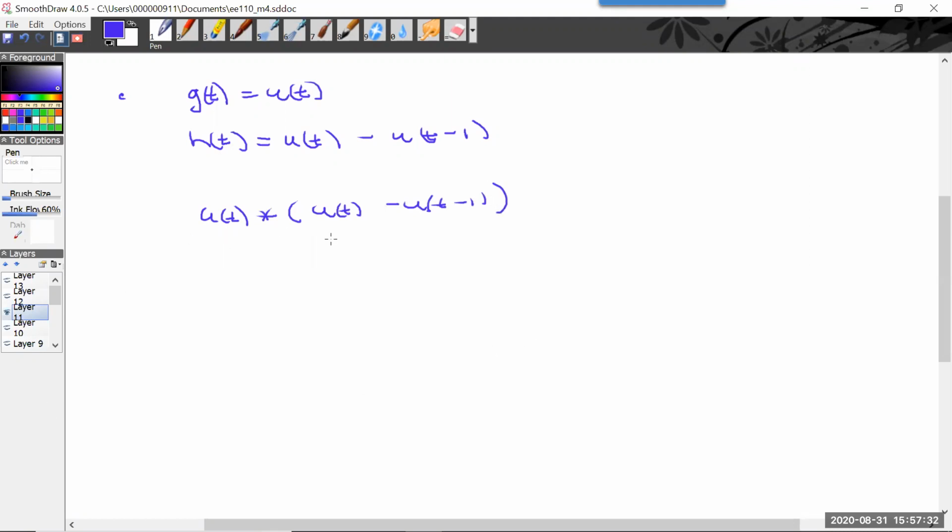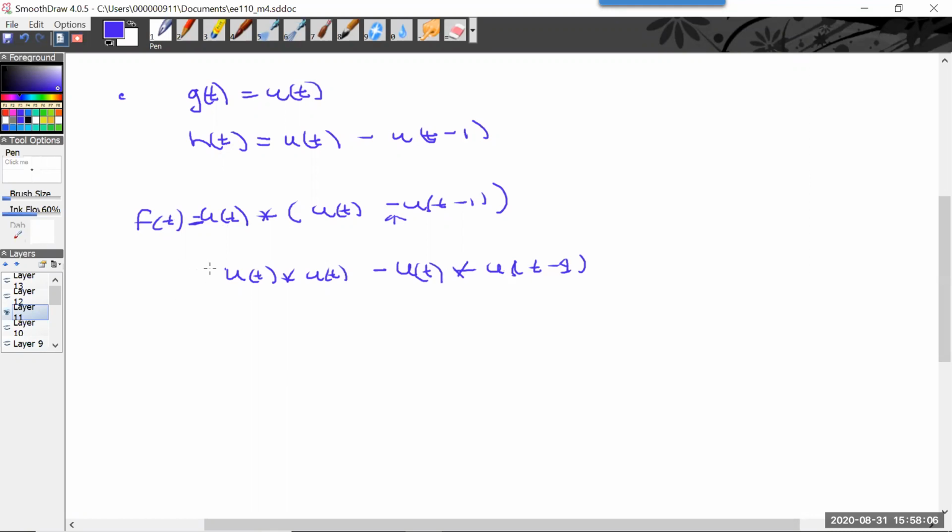So we can just do this algebraically and multiply u(t) through. So we get u(t) convolved with u(t), and then minus u(t) convolved with u(t minus 1).